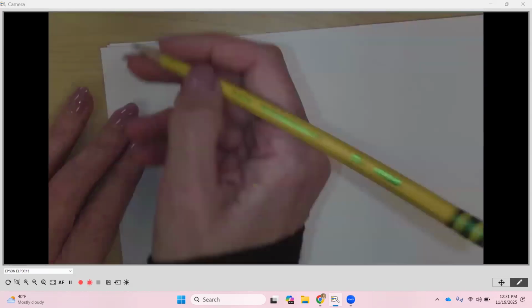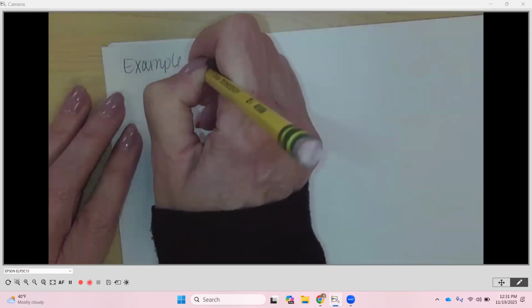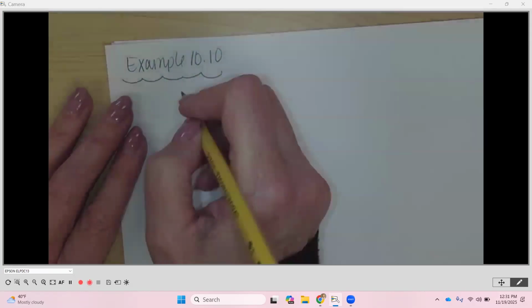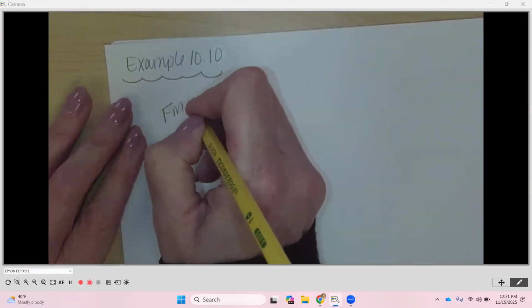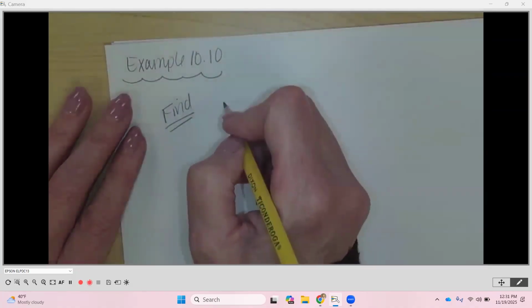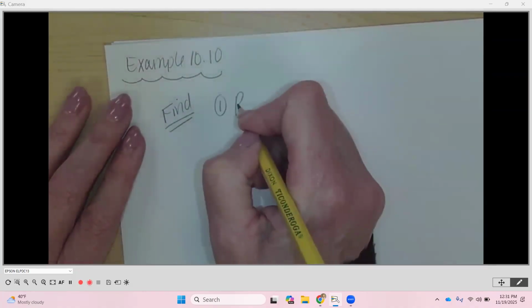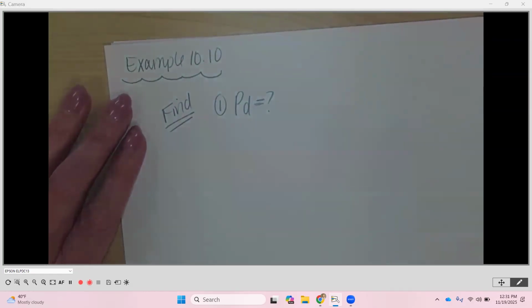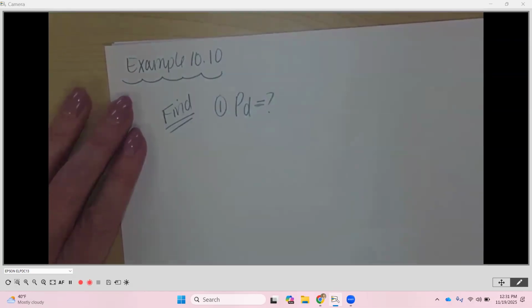So as we start out here, for example 1010, we want to find, or specify, a set of gears, right? So we need, number one, the diametral pitch for each gear. The set of gears, each of them is going to be the same.